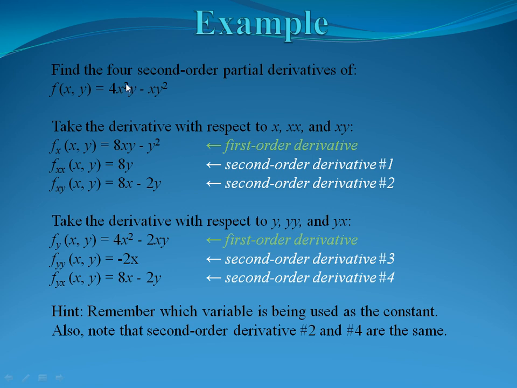So the 2 comes down to multiply our constants, which will give us 8y as our constant, and then x to the first power. So we have 8xy. From the second term, again, x is our variable, so y squared is a constant. If you have a constant times x, the derivative is just that constant. So our first partial derivative with respect to x is 8xy minus y squared.